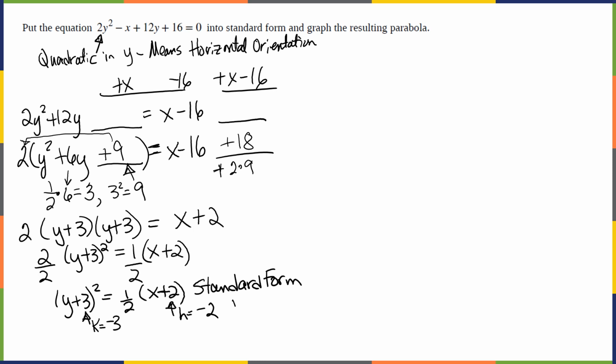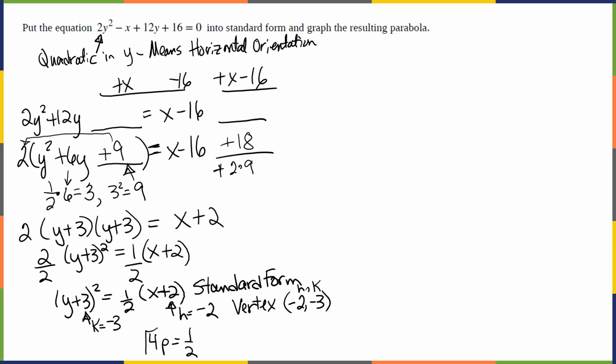So that tells us that our vertex is at the ordered pair -2, -3, because it is always in the order h, k. Then 4p is equal to this number that is multiplied times the x plus 2. So 4p is equal to 1/2.